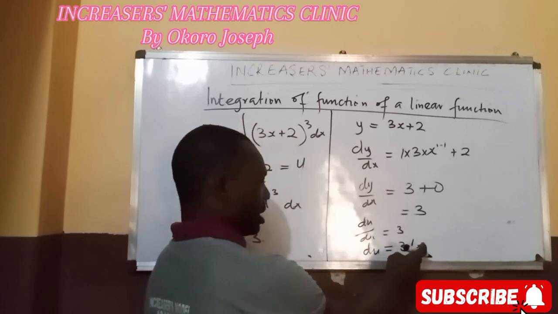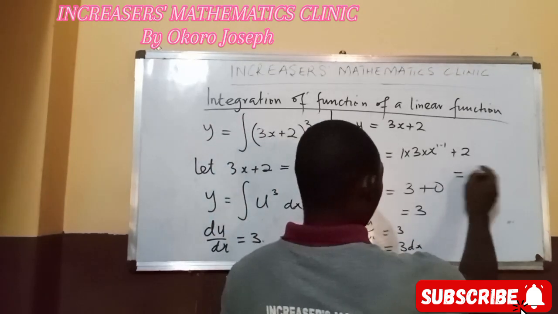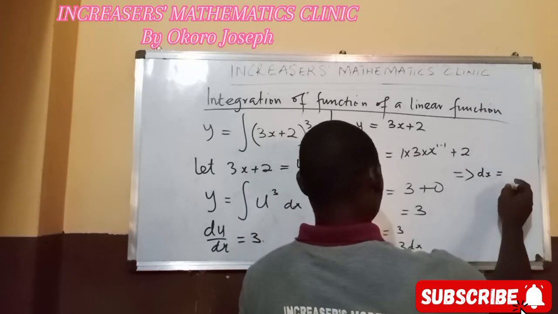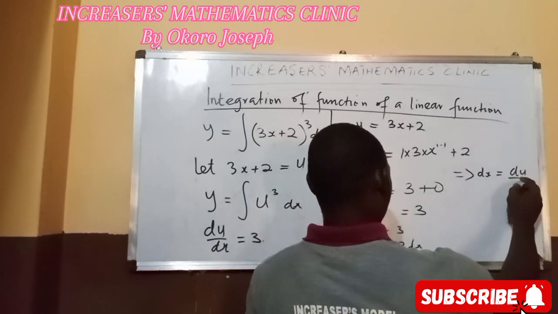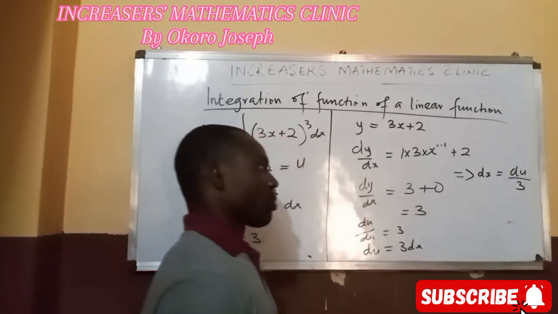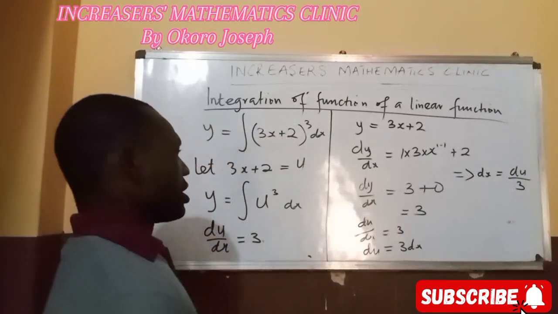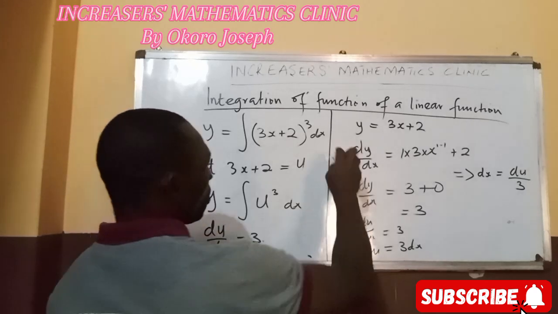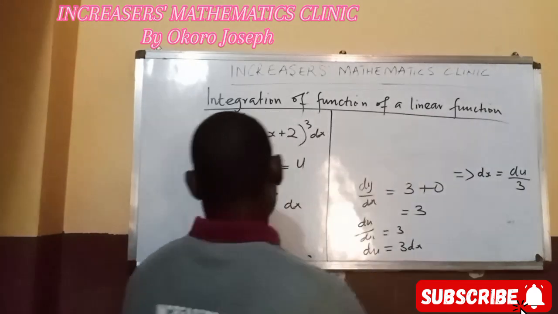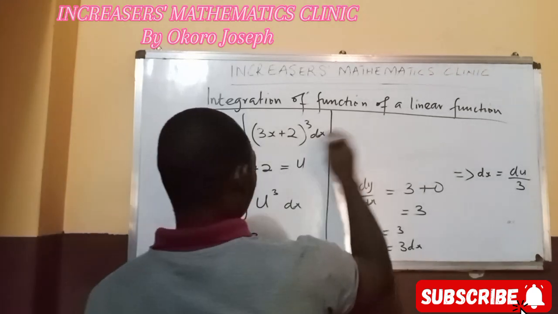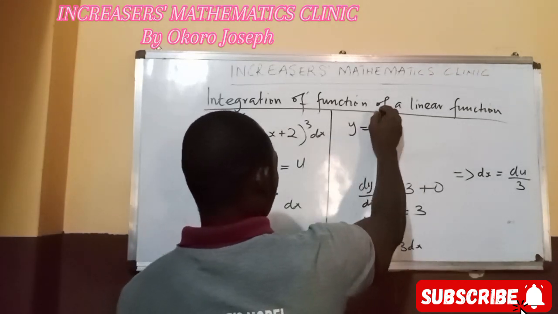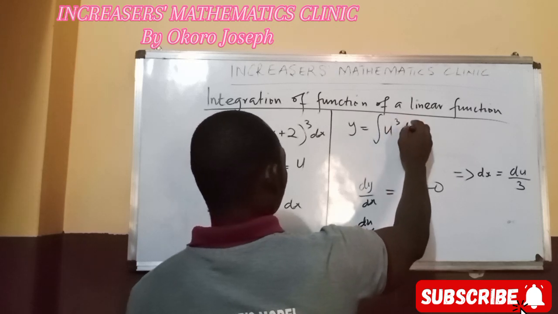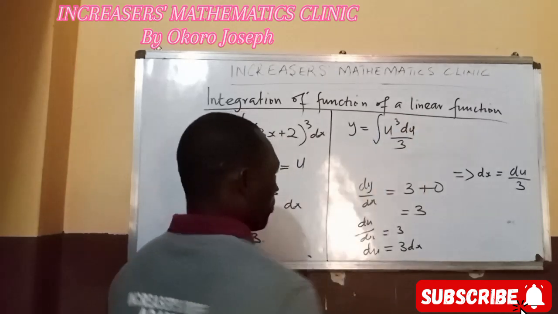So if I make dx the subject of the formula, it implies that my dx will be equal to du all over 3. So we are going to replace dx with du all over 3. So what we do now is we will rewrite the integral, and that will give us y is equal to the integral of u raised to power 3 du all over 3.